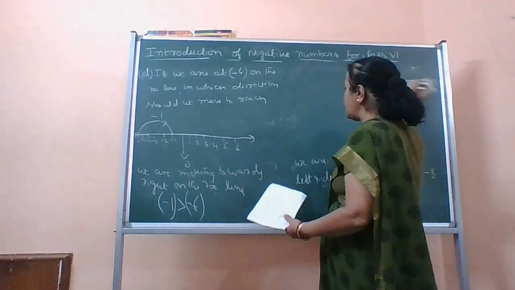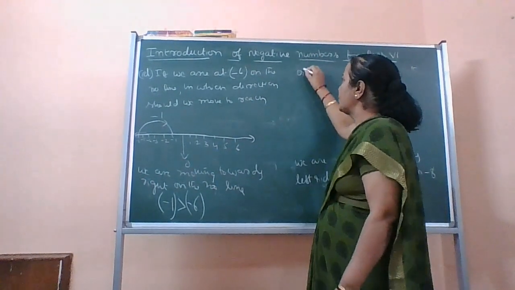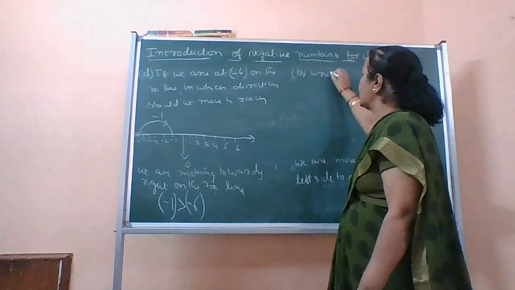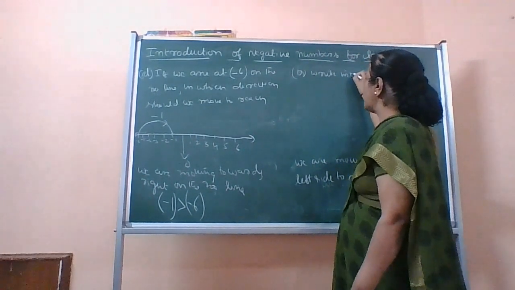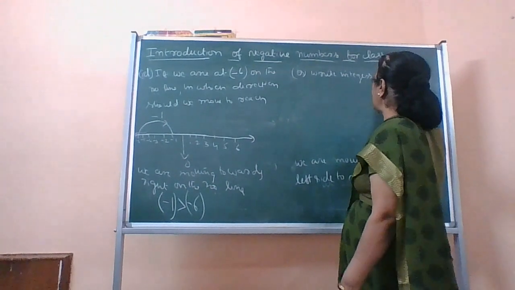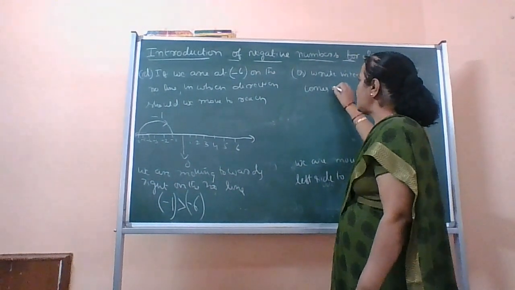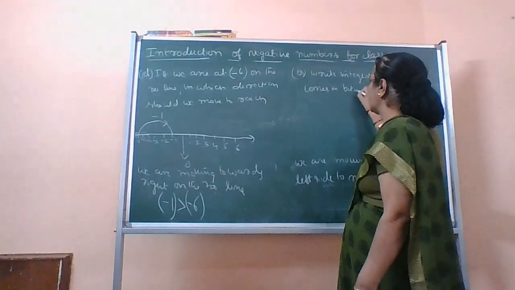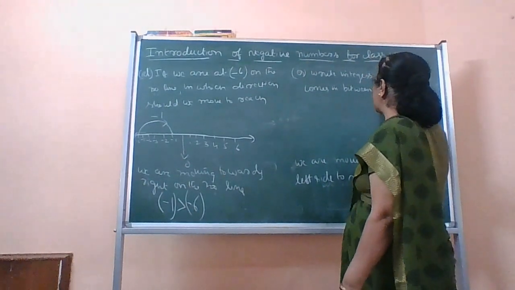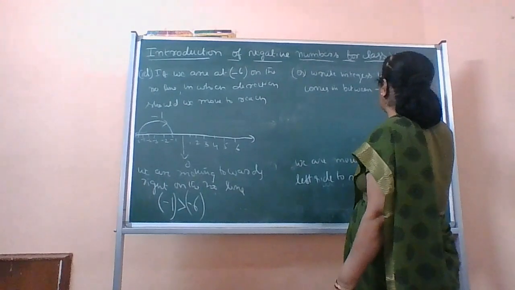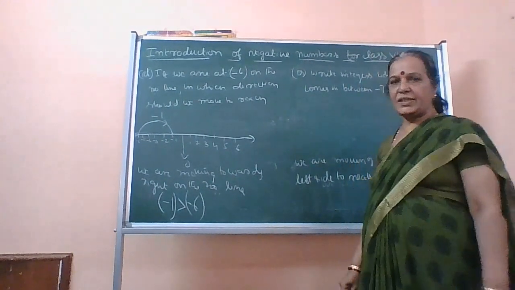Write integers which come in between -7 and +7.